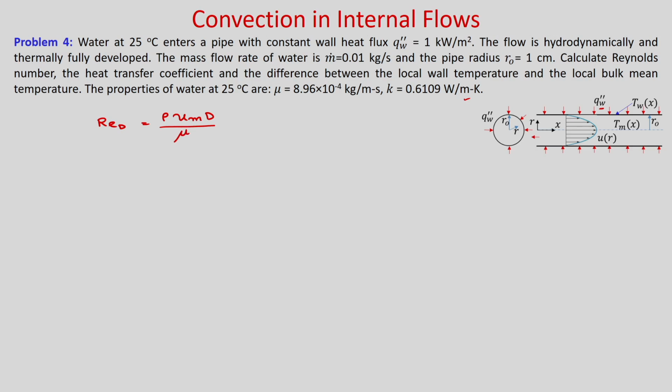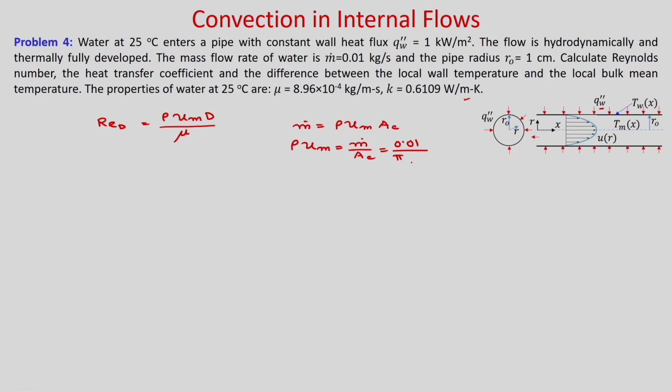And mass flow rate is given, m dot. So, you can calculate m dot is equal to rho u m into cross sectional area. So, what is rho u m? Rho u m is m dot by AC. M dot is 0.01 kg per second and AC is pi by 4 d square.